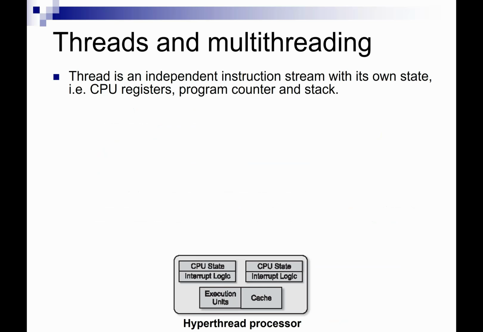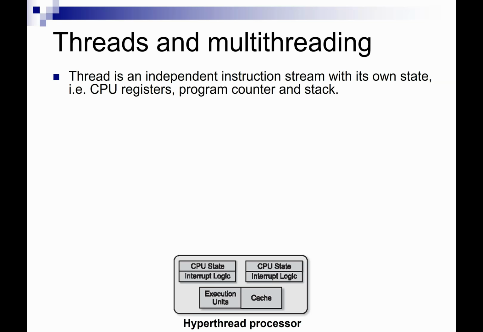So you need something like a program counter to keep track of where you are, and you also need registers to keep track of the state of the computation. As long as you know the state and the program counter, then you know what's happening with that thread. So a hyperthread processor is going to run multiple threads on the same processor.